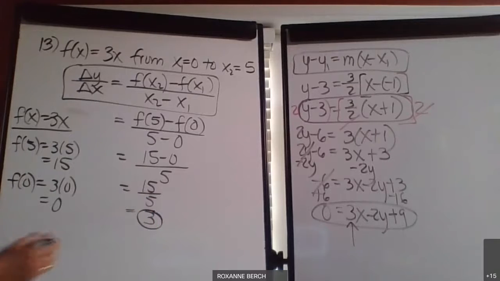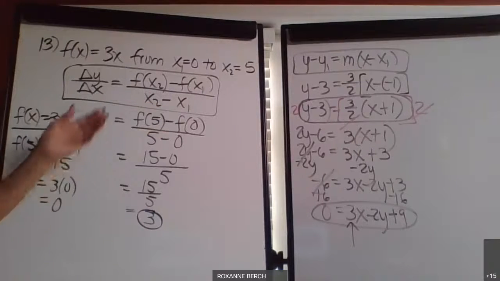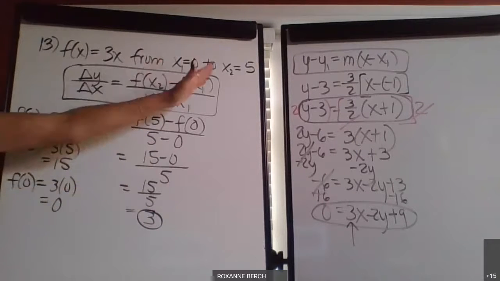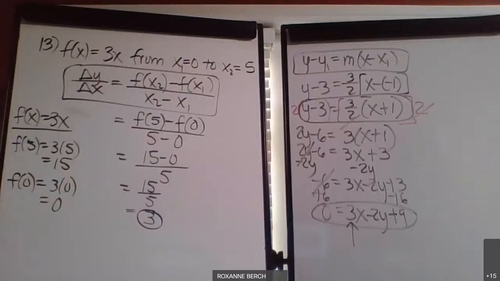So this is the average rate of change. Whatever function they give you, that's what you're evaluating for the numerator. And then the bottom is just x sub 2 minus x sub 1.